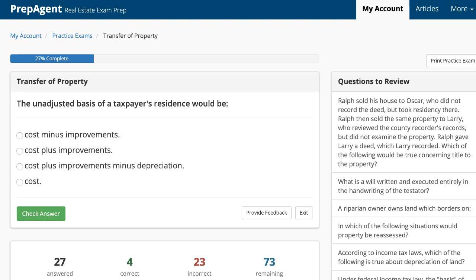The unadjusted basis of a taxpayer's residence would be A, cost minus improvements, B, cost plus improvements, C, cost plus improvements minus depreciation, or D, cost.